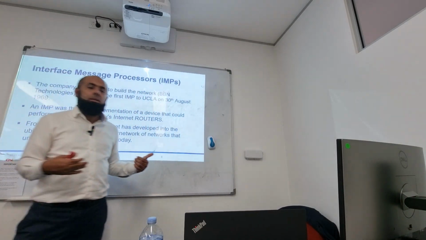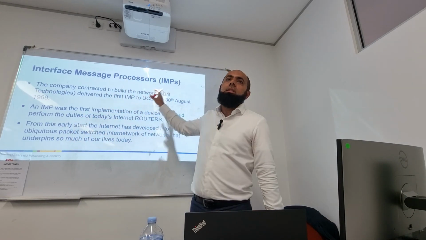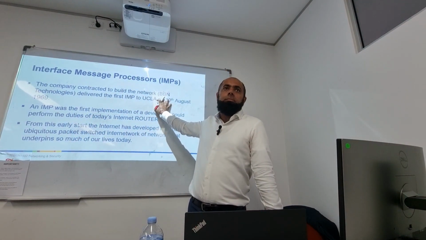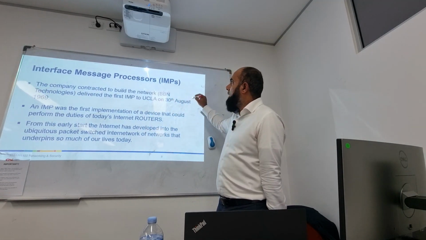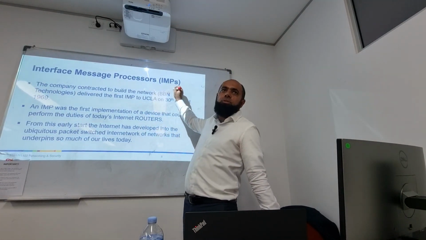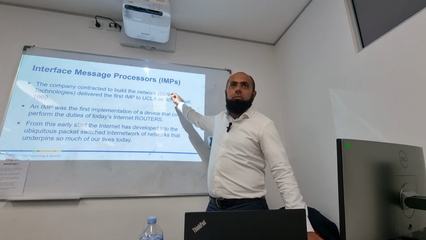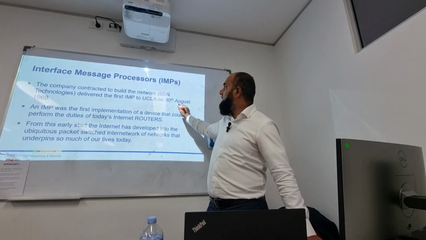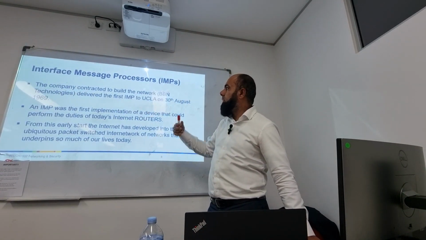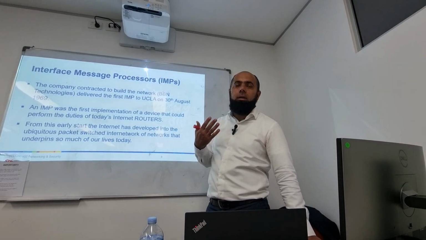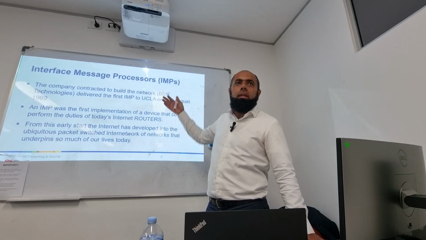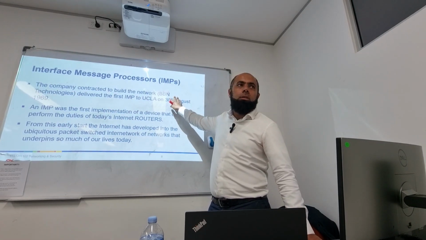IMPs were the initial name of routers. Before the concept of the router, they were known as interface message processors, and in 1969 they were first started. Whatever duty the internet router does today was the job of the IMP.